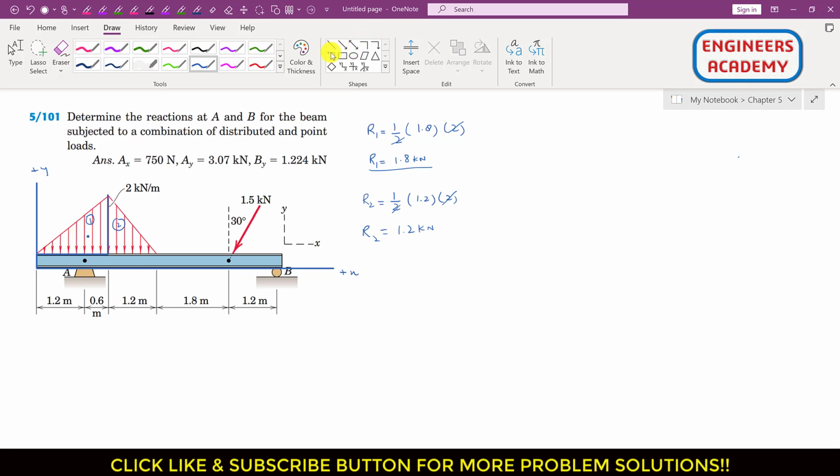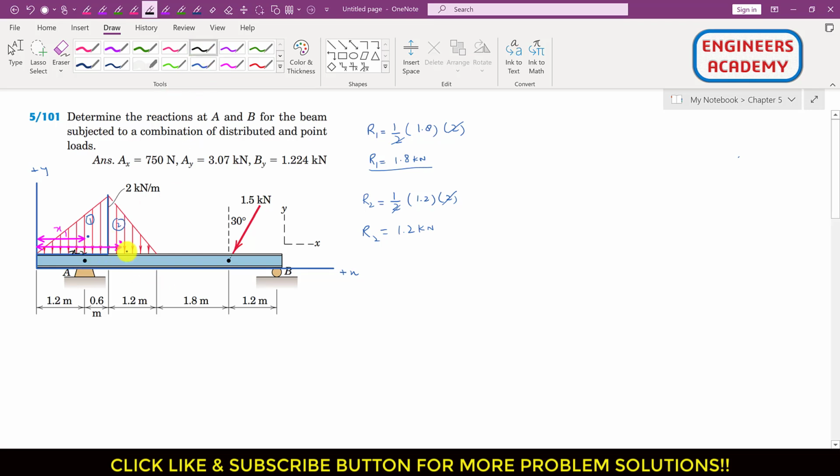So let's say that this distance is x1, and let's say that the centroid of this area 2 is located somewhere here. So let's say that this distance is x2.